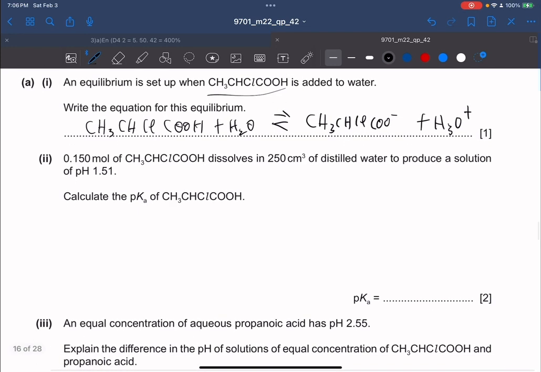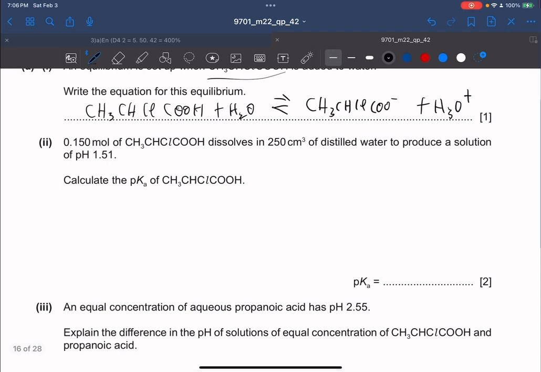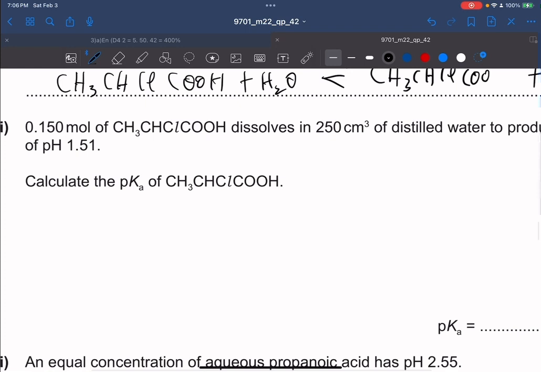Okay, so this is going to be an equilibrium question, one of my favorites. Calculate the pKa of CH3CHClCOOH. So what we have to remember is pKa is minus log Ka.